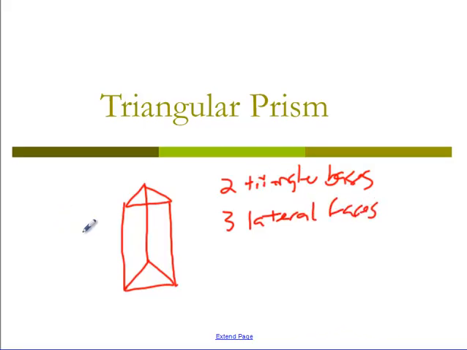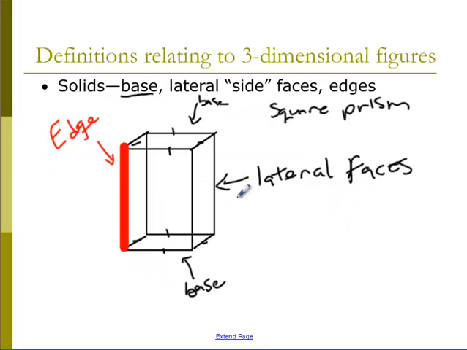So now why do we have three lateral faces? The reason we have three lateral faces is each base has three sides. If it was a rectangular prism like the first one I drew way up here, it has four lateral faces because the bases have four sides.